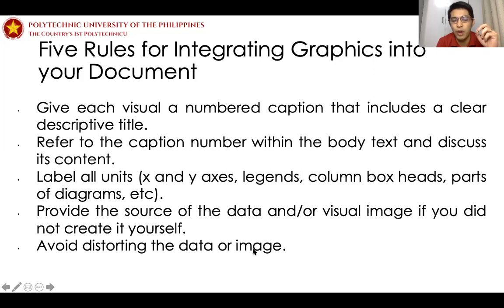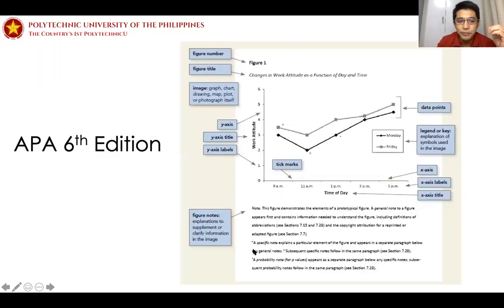Where did we get this photo? Where did we get this table? Where did we get this particular data that we are presenting? And then lastly, we have to make sure that the data or the image is not distorted. Again, previously we said it must be of high quality for appreciation and for better understanding.